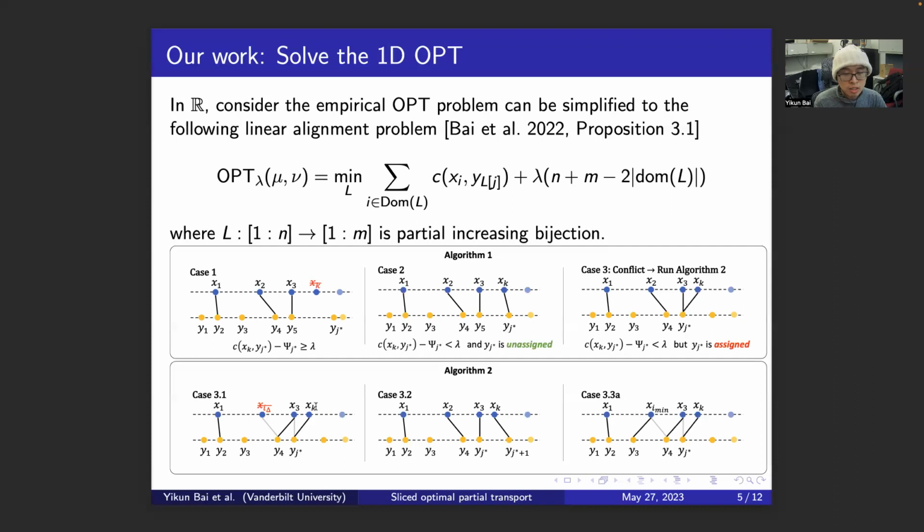In this case, we pair xk and yj star, and then we need to redesign the assignment for the previous x points, and we will delete some points. In this case, we still keep xk and yj star, but we have more free y points, so we will keep all the previously assigned x points. Our algorithm will find the best transportation plan over all three cases.